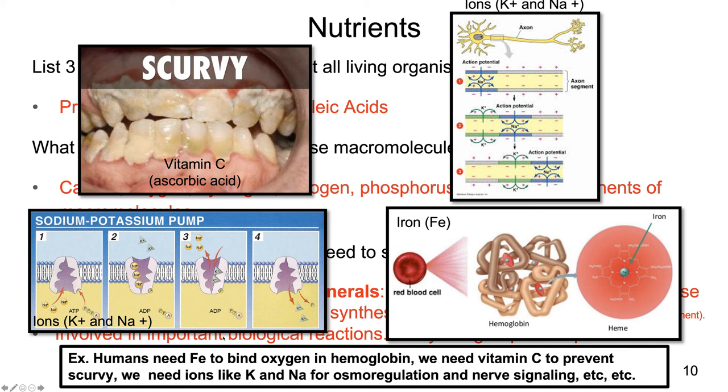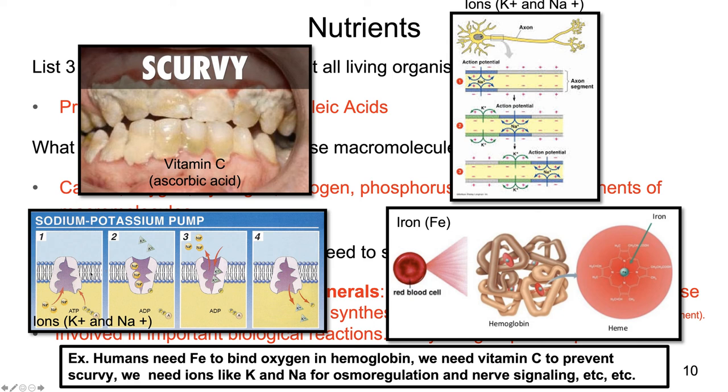Same thing with ions like potassium and sodium. Potassium and sodium are key ions in creating action potentials that travel across neurons to send signals through your body, through the central nervous system. You need to pass sodium and potassium ions to have this action potential that sends a signal down a neuron. In addition, sodium and potassium are really important in sodium-potassium pumps.